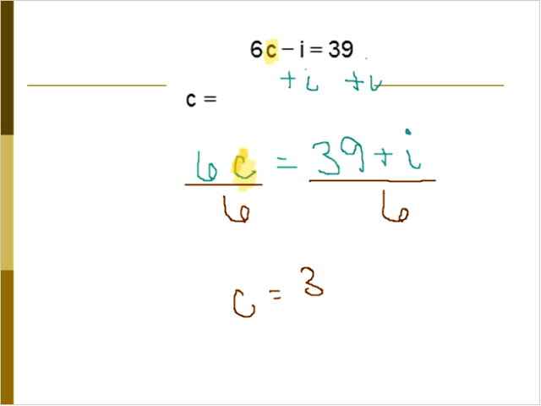We can write it as 39 plus I, all divided by 6. So that is one way that it can be written. Or sometimes you'll see parentheses put around the 39 plus I. So either way is okay for your answer to be written there. I'm going to guess that they don't necessarily have the parentheses in there, but instead you'll see it written like one big long fraction.